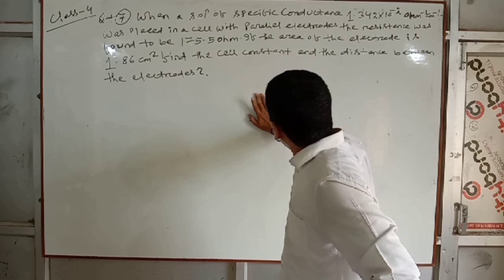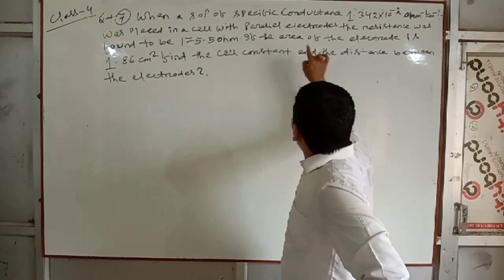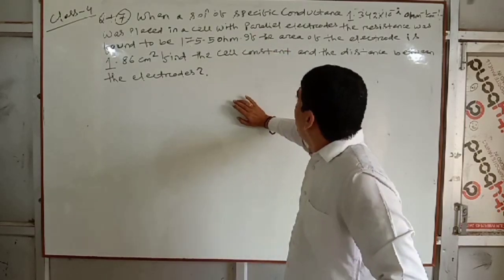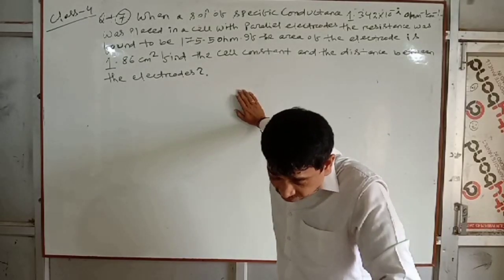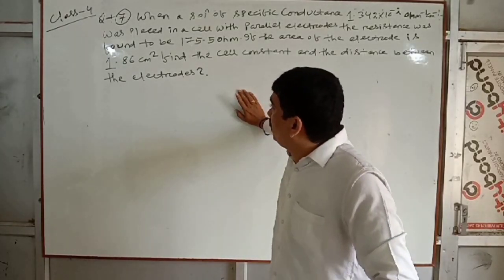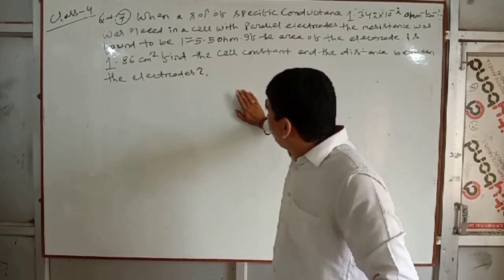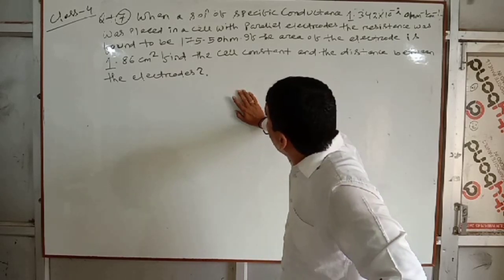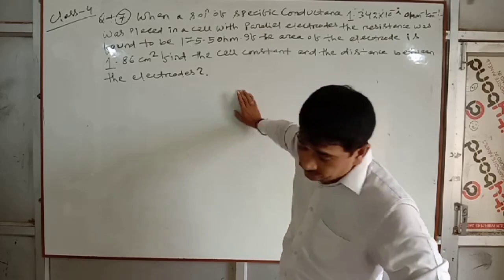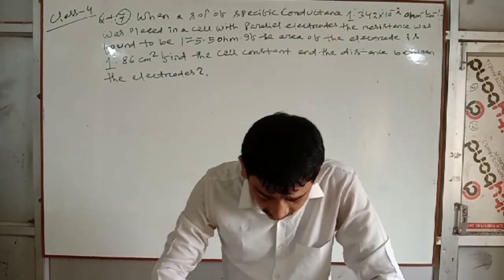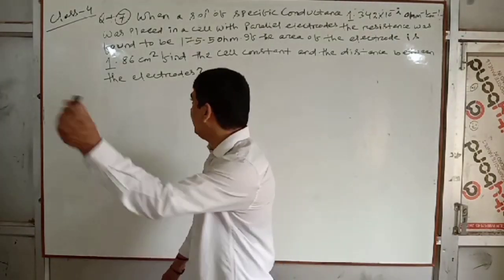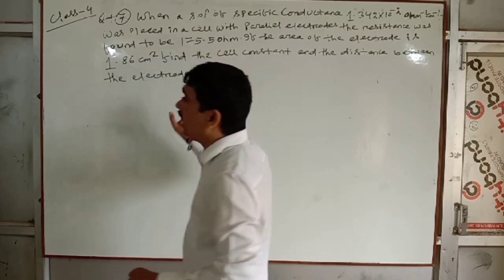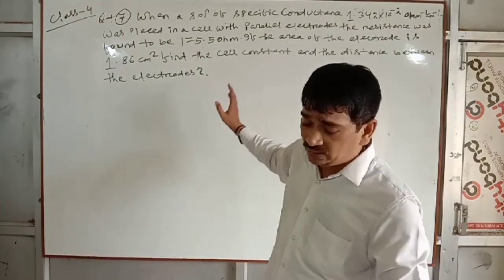If the area of the electrode is 1.86 centimeter square, find the cell constant and the distance between the electrodes. Try to solve this question, otherwise next class I will solve this question.